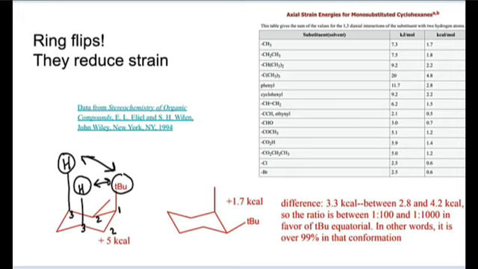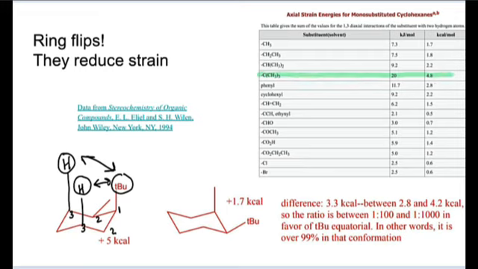And so it's these 1,3-diaxial interactions that we've been talking about, and these are the energies that are tabulated in this table on this slide. So having a tert-butyl in an axial position is energetically more costly, as you can imagine, than having a methyl in an axial position.